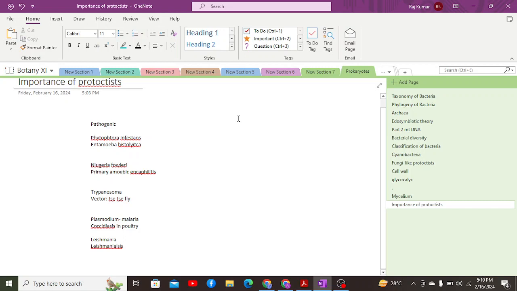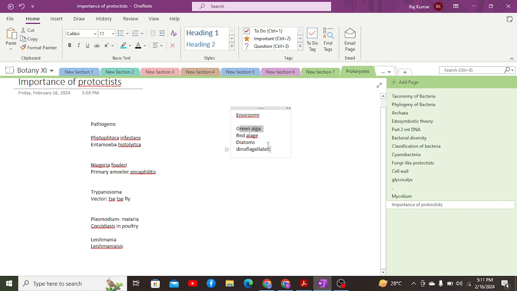Now, other importance includes environmental importance, where there are several protoctists among which there are green algae, red algae, diatoms and dinoflagellates. These are responsible for maintaining the oxygen concentration healthy within the environment.